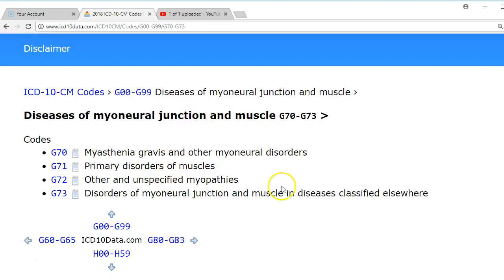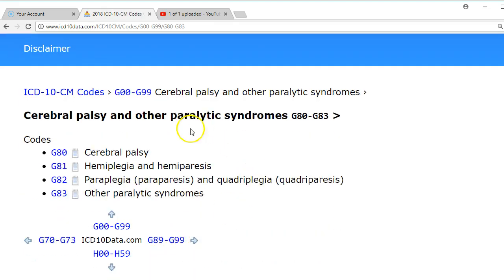Again, other disorders of the myoneural junctions and muscles like myasthenia gravis, again, where we have a lack of strength in those parts of the body. Again, this is where we find the cerebral palsy, the hemiplegia, hemiparesis, and the paraplegia, and the quadriplegia.